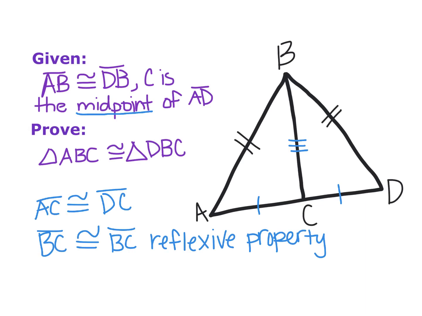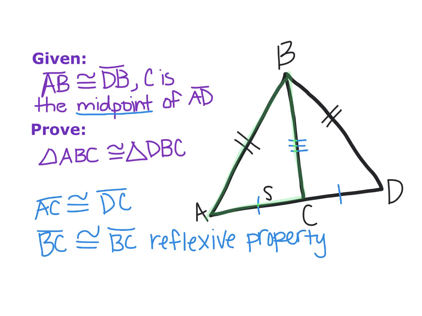So let me go ahead and just add these 3 tick marks right here so we can see a visual picture. Now what I would do is I would say, okay, I have enough information to prove that these 2 triangles are congruent to each other. So I'm going to put my pencil on point A, and I'm going to move across to C, and I know that I'm passing over a side. And then when I go up to B, I'm passing over another side. And then when I go back to A, I'm passing over a side again.